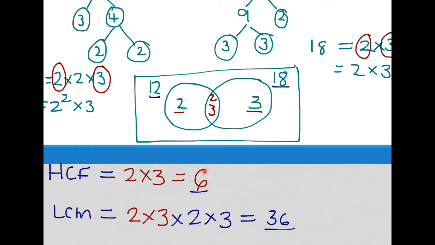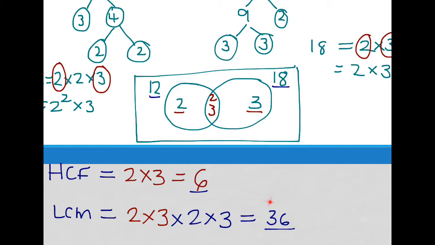So 12 divided by 6 is 2. That is an integer answer. It is a factor, so it's looking like it could be correct. 18 divided by 6 is 3. That's another integer answer. So yes, I can say that 6 is a factor of 12 and 18. So it's likely my answer is going to be right.